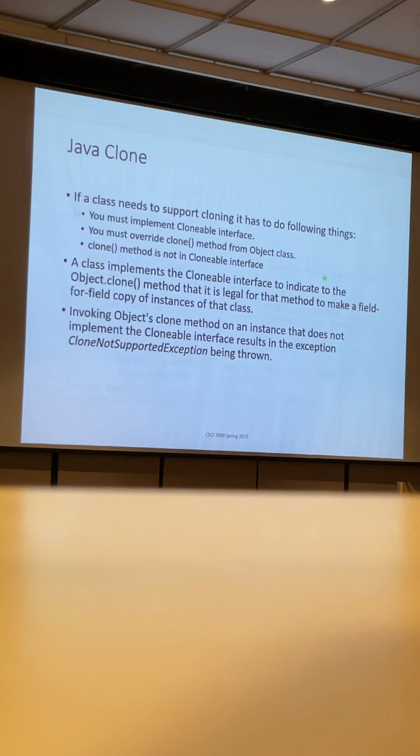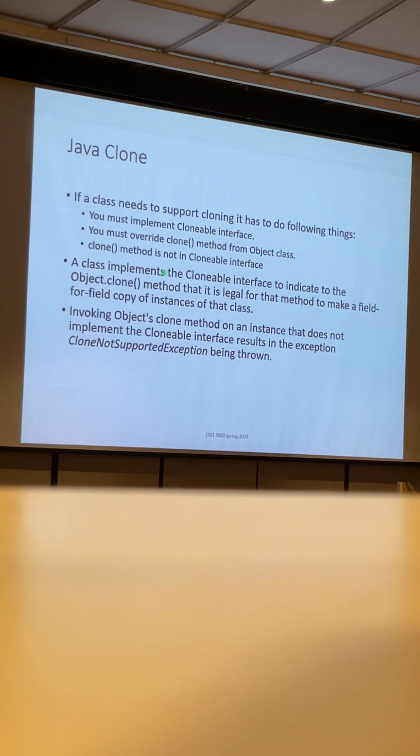So that's why they had to come up with this not very elegant solution, by saying that a class that wants to support cloning has to do the following: implement the Cloneable interface, override the clone method inherited from the Object class, and that's it.